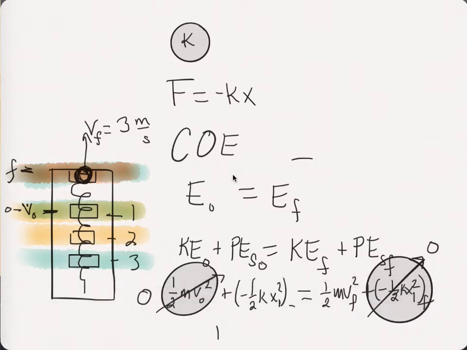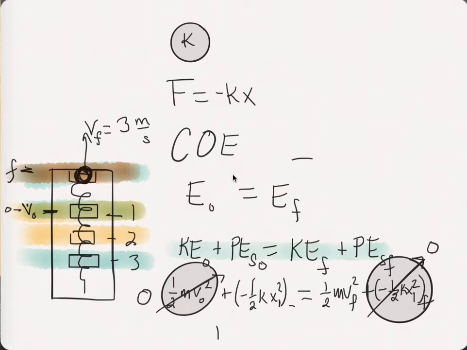And so we walk through the theory here, and we know that we're going to use the conservation of energy, okay? So we have our kinetic energy, we have our potential energy stored in the spring in the initial condition, and then we have our kinetic energy and the potential energy stored in the spring in the final condition.